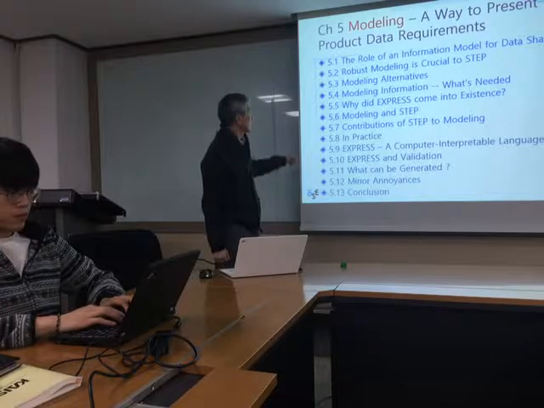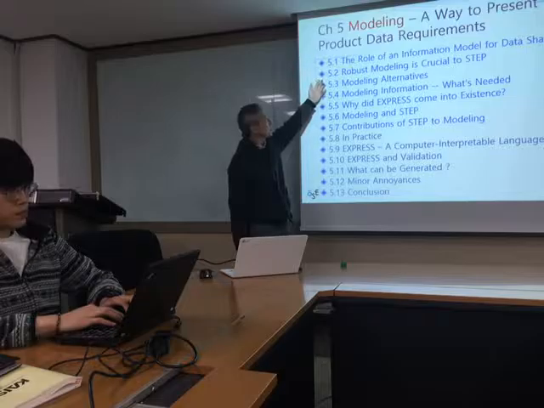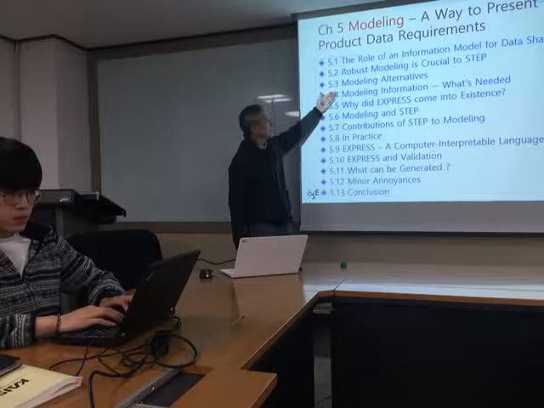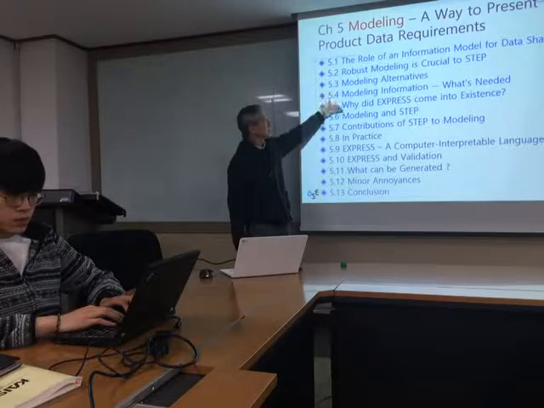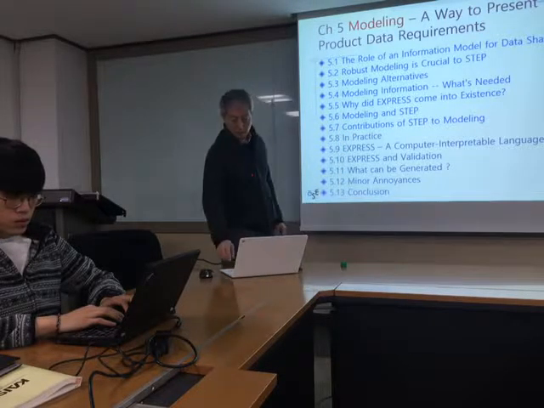So I will cover the front part about information modeling and data sharing, modeling alternatives, what the requirements are for information modeling, and the EXPRESS language, and how we can use the EXPRESS language for information modeling.